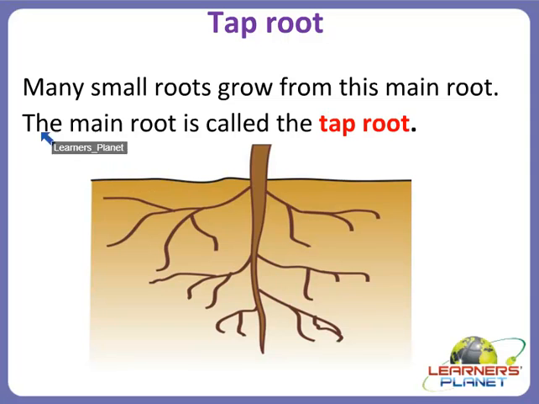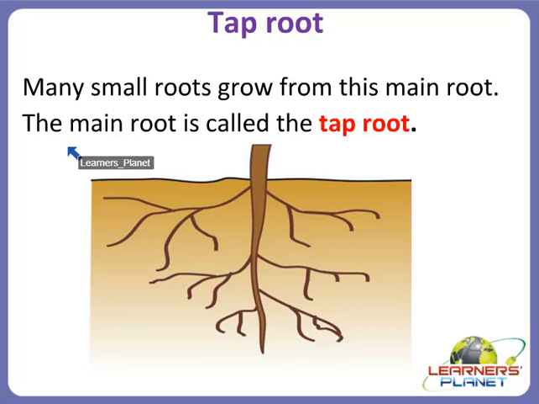So children, there are many small roots that grow from this one main root. So children, this is the one main root. It starts from the end of the stem towards the soil. And we can see that there are many small roots around it.